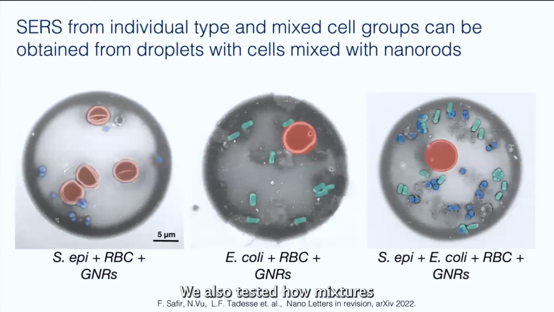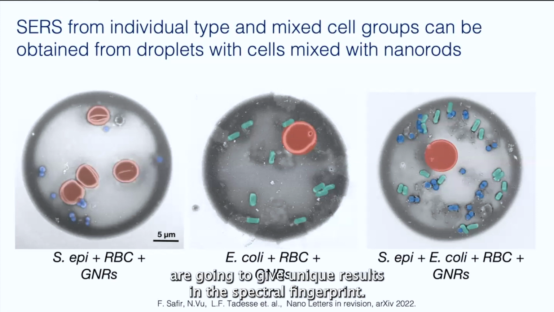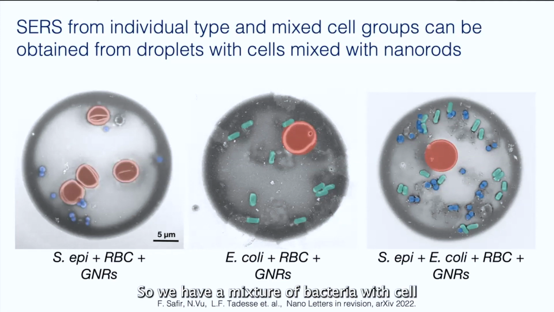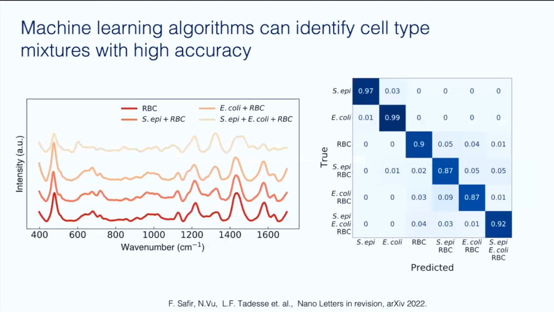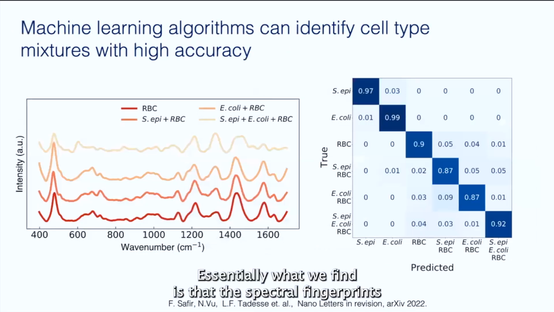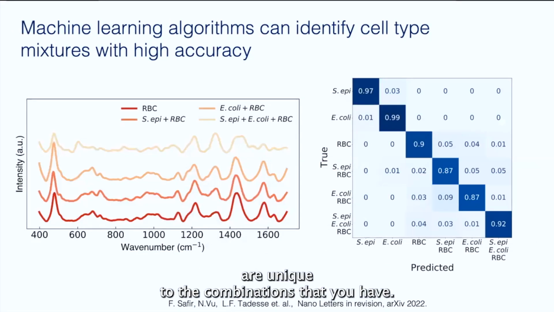We also tested how mixtures are going to give unique results in the spectral fingerprint. So we have a mixture of bacteria with cells and nanorods, different bacteria and everything together. Essentially, what we find is that the spectral fingerprints are unique to the combinations that you have.